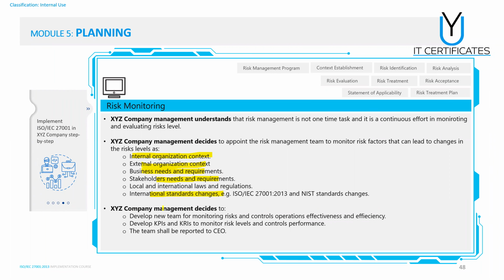And also the XYZ company management decided to develop a new team for monitoring risks and controls. Due to the risk management, we will introduce a new division in XYZ company to monitor the risks and controls. And we have to develop the KPI and KRI, the key performance indicators and key risk indicators. Then they will be able to monitor the risks and the control performance.